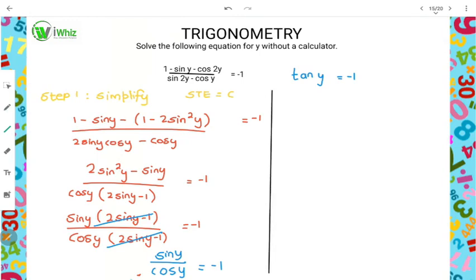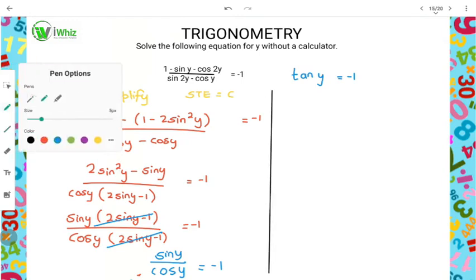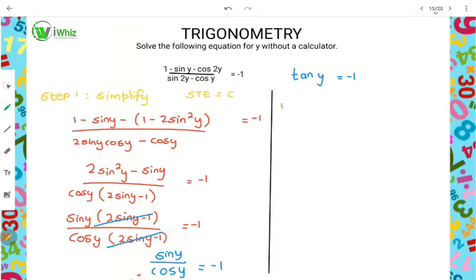We want to begin by finding our reference angle, and this reference angle is for tan y equal to minus 1. So if I go arctan of 1, what angle am I left with? I'm left with a 45-degree angle.